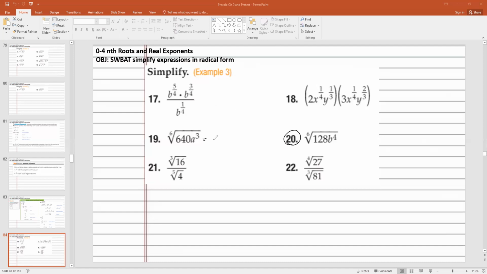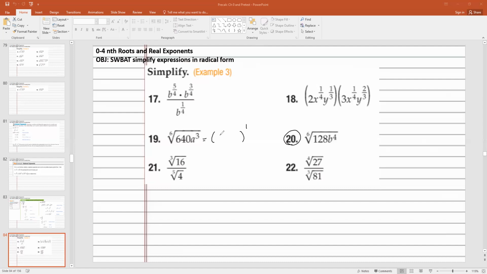So you could split it up and do it one at a time, or you could do it this way. You can write that in parentheses because I do want to show you this way.